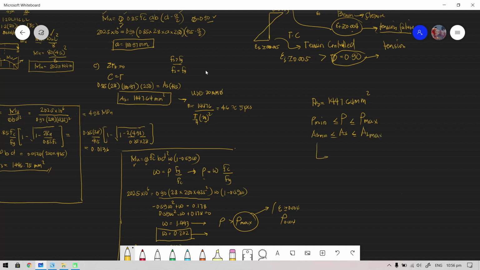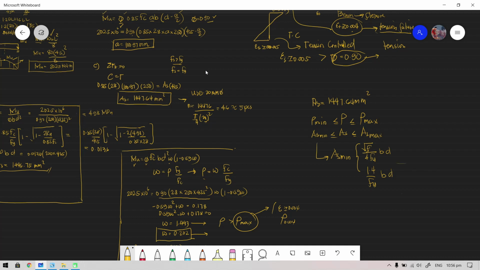Okay, unahin natin itong AS min. Ang sabi ng code, ang AS min ay dalawa yon. Yung isa, which is square root of F prime C over 4FY BD, and then yung isa naman, 1.4 over FY BD.